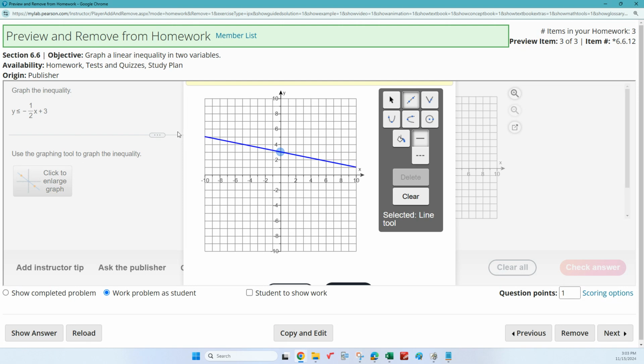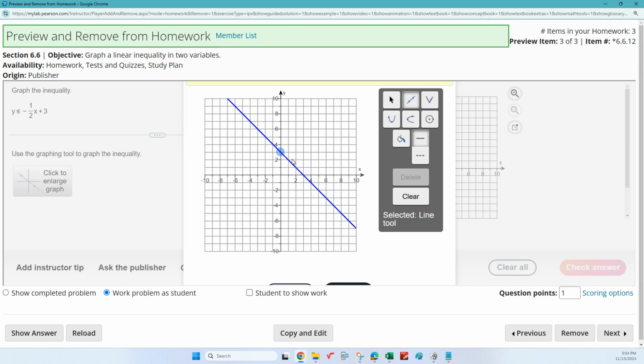So the slope is negative 1/2. So what am I going to do then? And to the right 2, right? We always go to the right, don't we? Because if it's a negative slope, negative 1/2 means that the negative goes on top. The rise is negative 1, the run is always positive. So we always go to the right with our run.